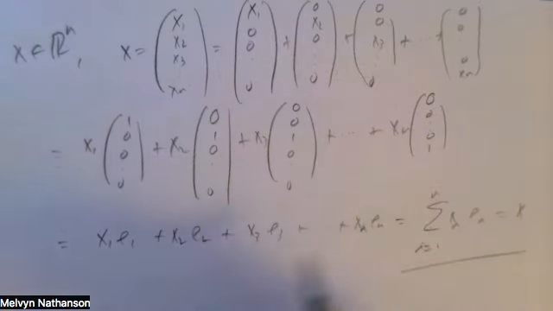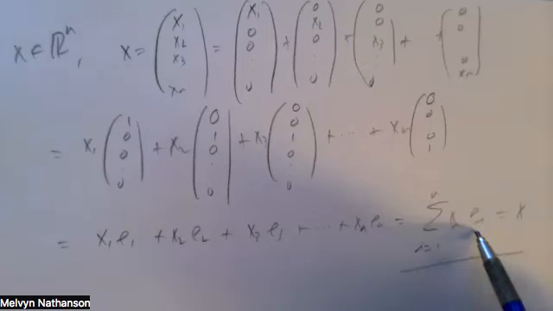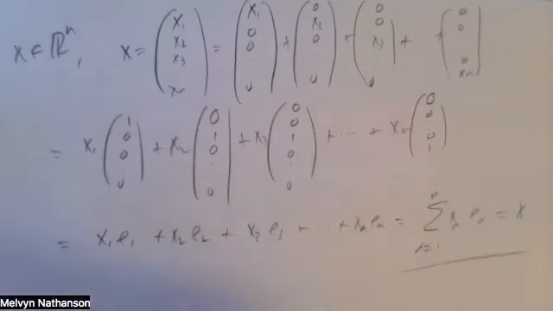So the standard basis is e1 up to en, and I can write x as a linear combination of the vectors in that basis, and the coordinates are simply the coordinates of x in the usual representation.